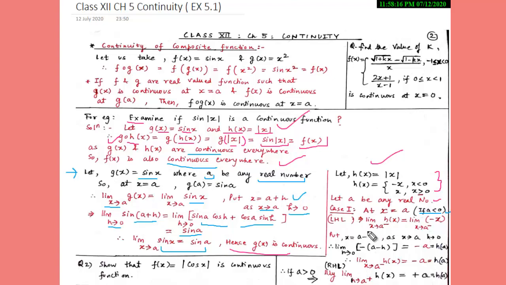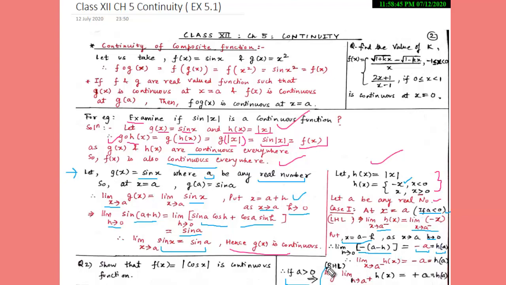So our function h(x) will be equal to minus x when the real number is less than 0. Therefore from here we will put x equals a minus h. So as x tends to a, h tends to 0. Therefore from here limit h tends to 0 and then minus, and in place of x we will write a minus h. So from here, on substituting the limit we get minus of a, and this equals, student, h of a. And now we will take the right hand limit at x equals a.